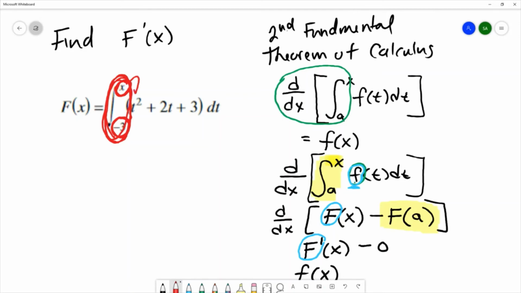So I need to evaluate this function at that upper bound, and that will give me x squared plus 2x plus 3 as my answer for the derivative of capital F. So that's using the second fundamental theorem of calculus.